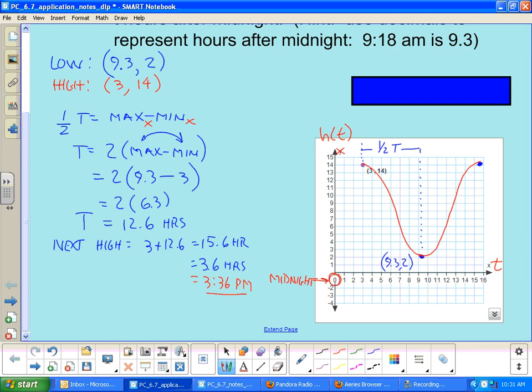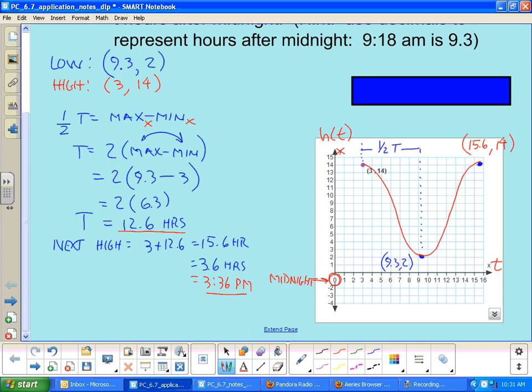Sam, what were the coordinates for that last point, for this point over here? 15.6, 40. And we got that because we added 12.6 to 3 to get back to high tide. Okay, how are we doing so far?